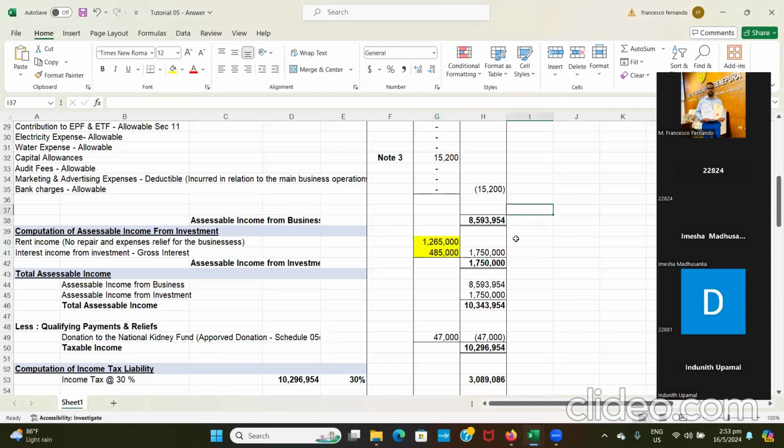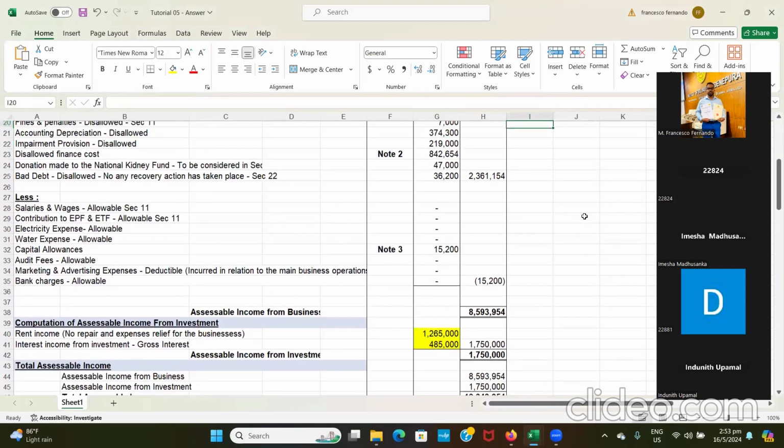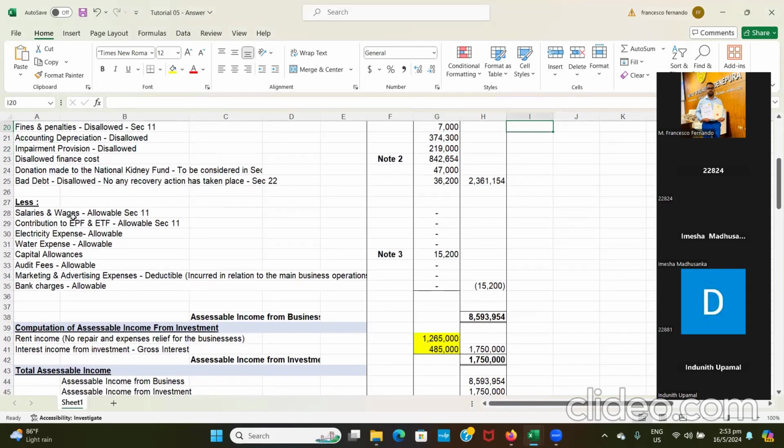Now, if we move to the answer, salary is allowable. As per section 11, salary is allowable. Why is that? Because it relates to the production of income. So WHT at the end, it's a tax credit, if I remember, right? So that's why I didn't consider it now. It's a tax credit, right? The WHT. So that's why I skip it.